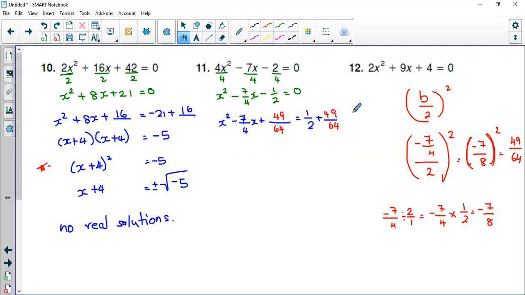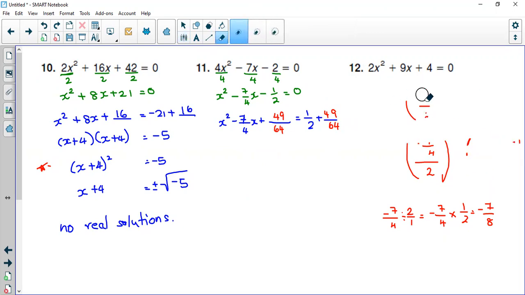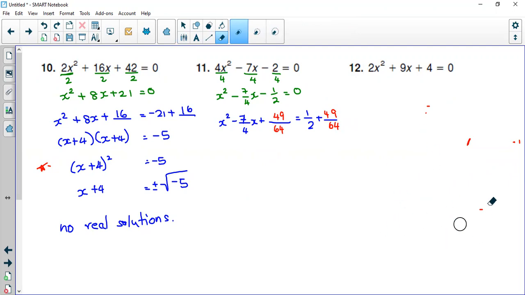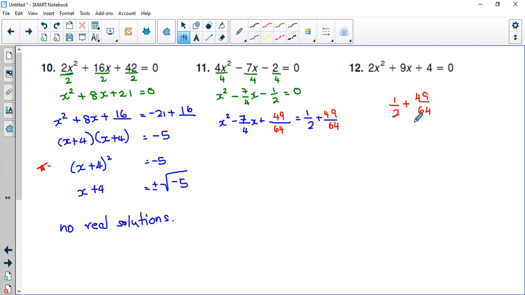So first, let's solve this part here. That's half plus 49 over 64. How are you going to solve half plus 49 over 64? You know very well that you cannot add fractions unless the denominators are the same.